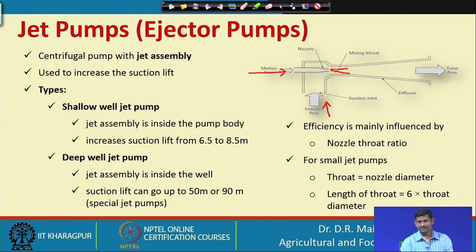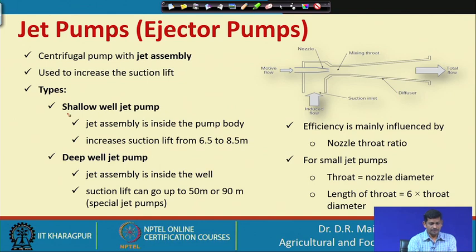Because of this high velocity jet, negative pressure is created. The centrifugal pump is anyway sucking the water in, but when you have the jet assembly, this added negative pressure which is created here will definitely induce more inflow to the suction, compared to regular centrifugal pumps.